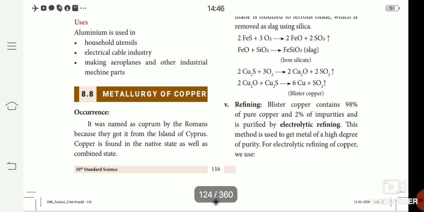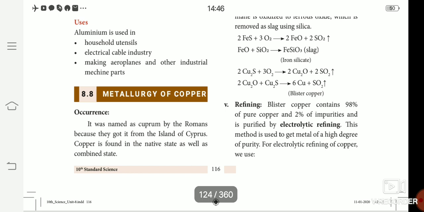Then the refining process. In the refining process, copper in pure form is transferred from the anode to the cathode.